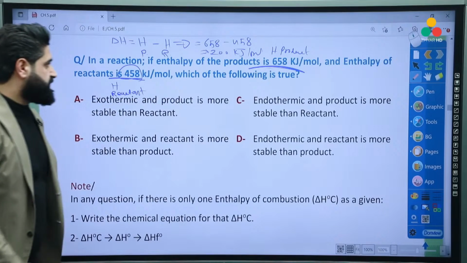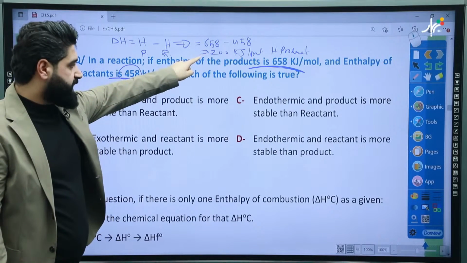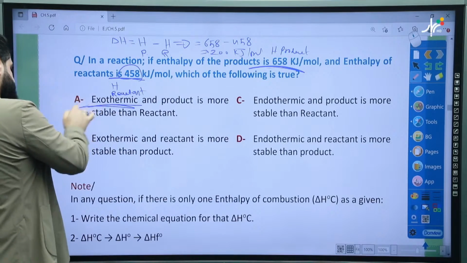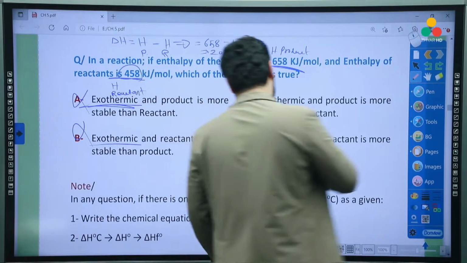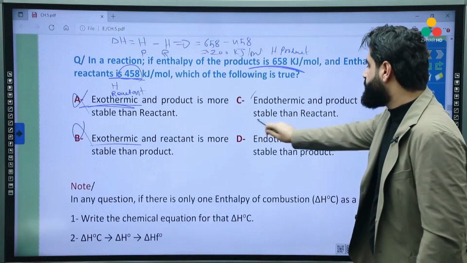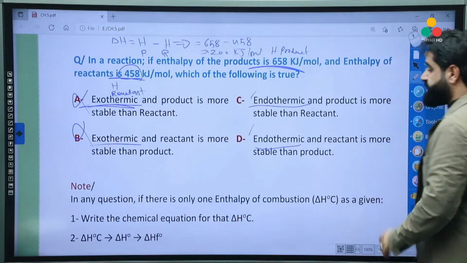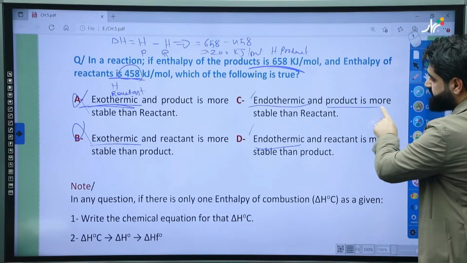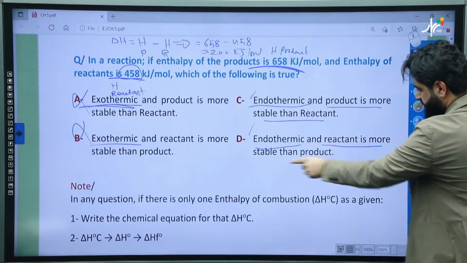So it's delta H. Look, it's positive, so is it endo or exo? It's endo, right? So forget about the exo answers. They are wrong. The endothermic answers are the true ones. But what's the difference between these two answers? The first one, the product is more stable than the reactant. The second one, the reactant is more stable than the product.